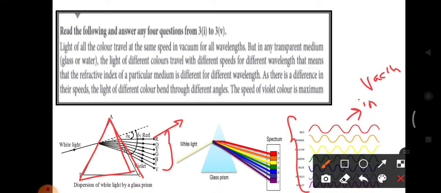And here the speed of violet is minimum and the speed of red is maximum. And the red color makes the least deviation angle and violet makes the most deviation angle.